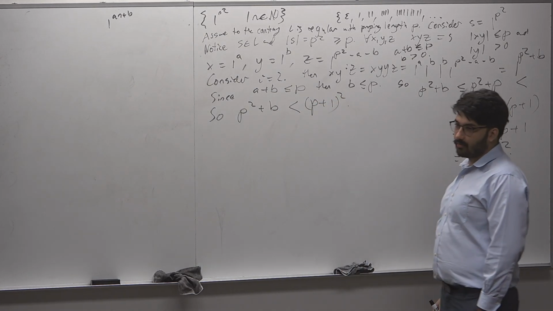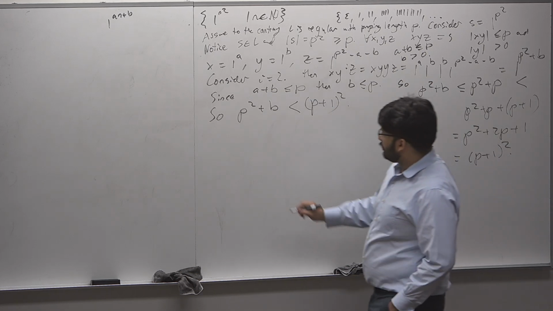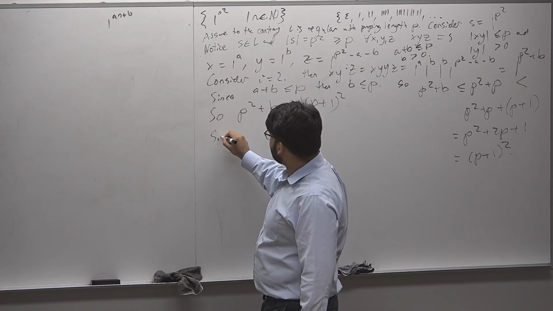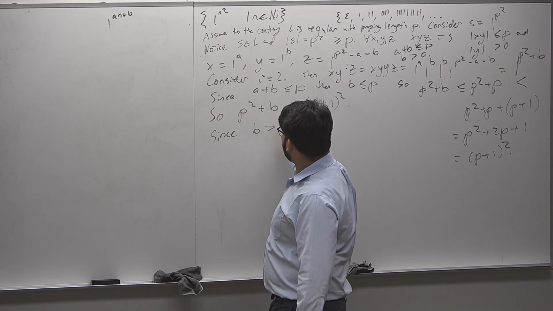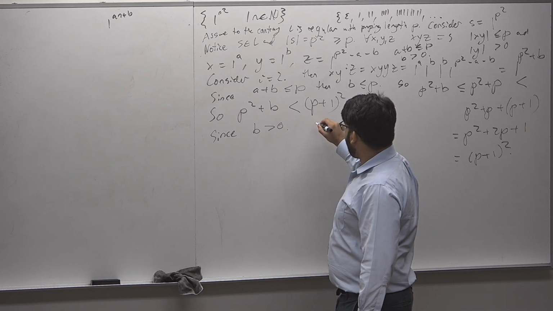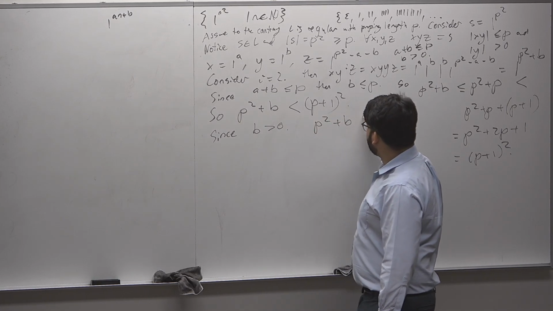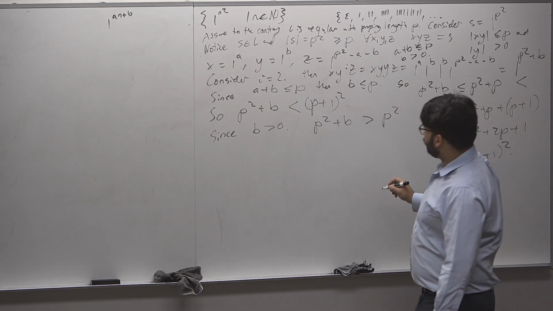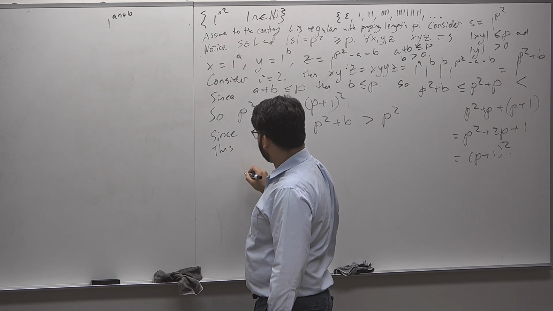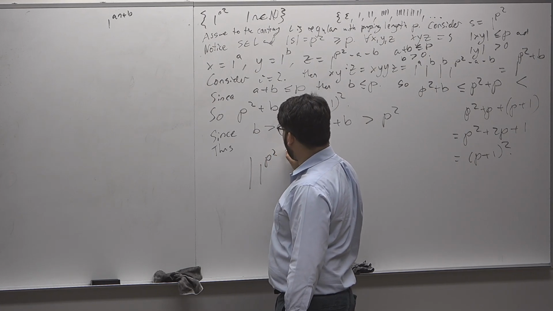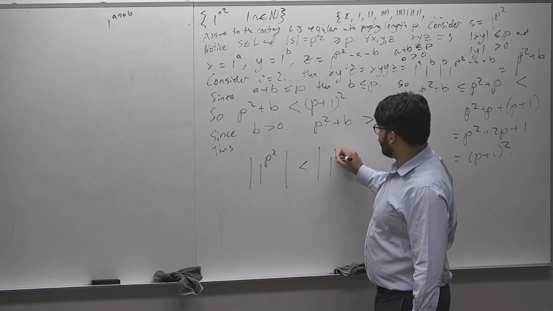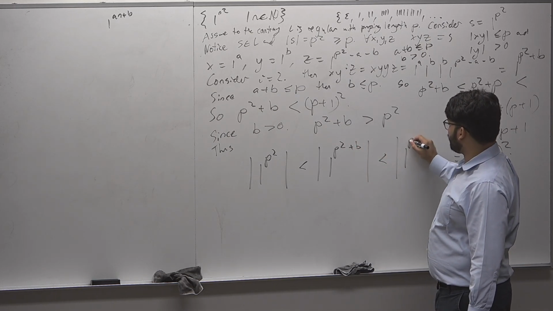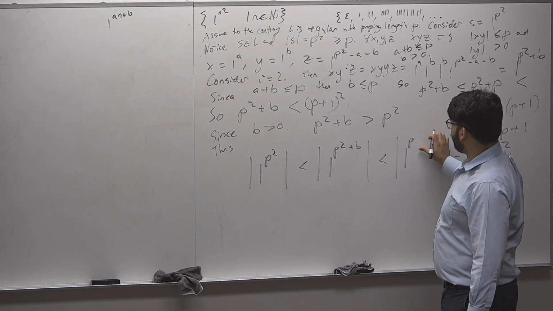Okay, we've done the first thing. The second thing is, what do we know about b? Greater than 0. Yes, since b exceeds 0, we also know that P squared plus b is strictly greater than P squared. Thus, the length of 1 to the P squared is strictly less than the length of 1 to the P squared plus b, which is strictly less than the next square, P plus 1 squared.